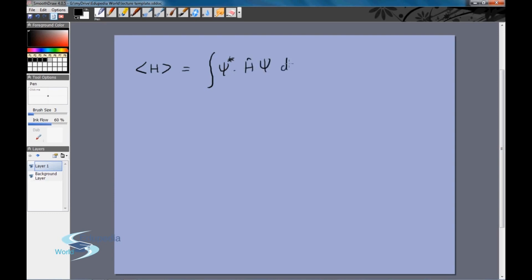Now H psi, we already know from the time-independent Schrodinger equation, is equal to E psi, where now you only have a multiplication with psi. So E comes outside, we have E integral of psi star psi dx. But we already know that from the normalization of the wave function, this is 1. So it is equal to E. So the expectation value of H is equal to E.